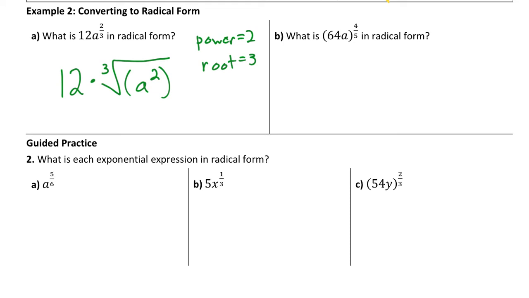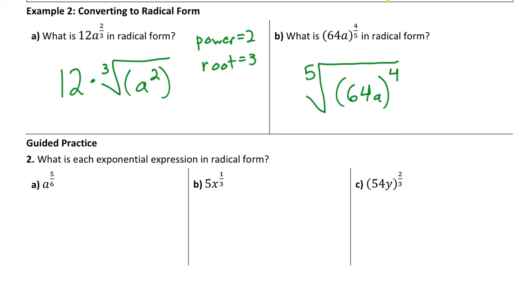In part B, it's realizing that this entire quantity is being raised to the 4/5 power. So I'm just going to draw one big radical symbol, okay? And it's going to have 64a in parentheses on the inside. Now that is being raised to the fourth power, which means the root is 5. So understanding the difference between a power and a root, all right?